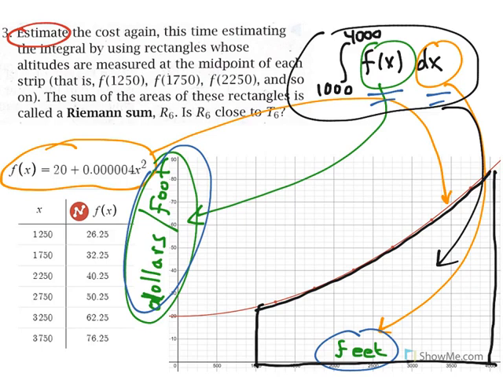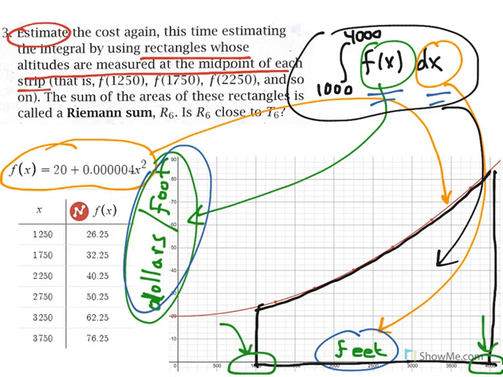Estimate the cost, again, this time estimating the integral by using rectangles whose altitudes are measured at the midpoint of each subinterval. So earlier in the course we learned about partitioning an interval of x values into a number of subintervals.